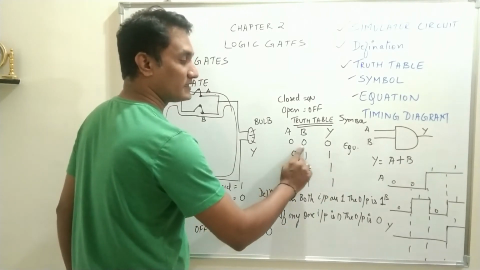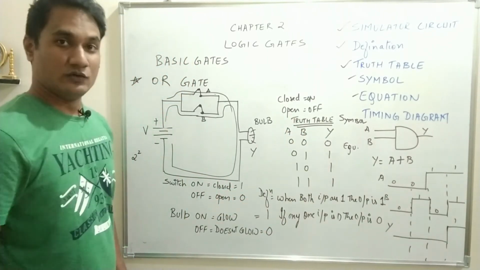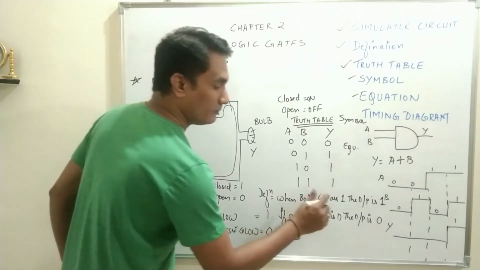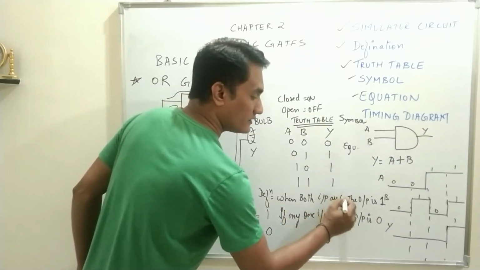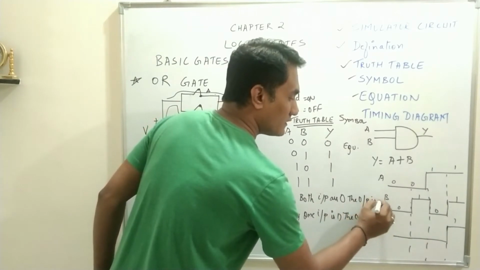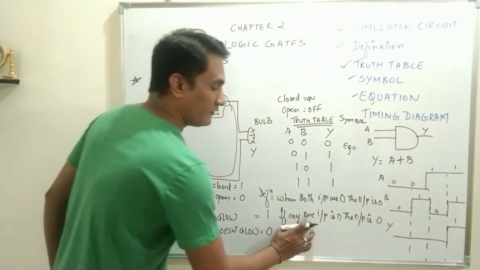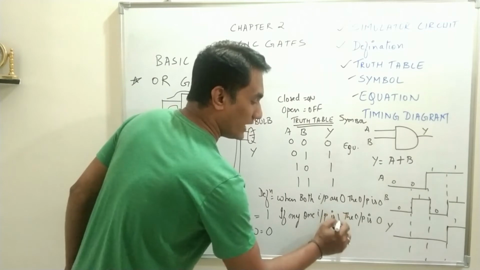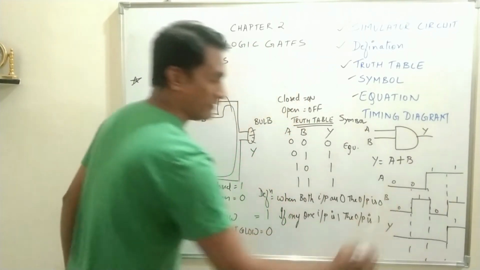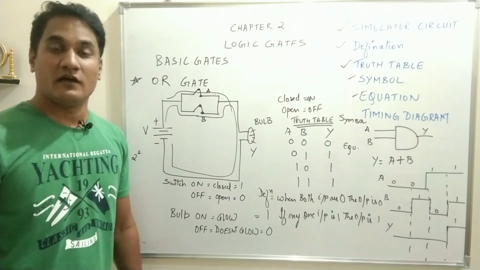When both the inputs are 0, the output will be 0. So accordingly we will modify the definition: when both the inputs are 0, the output is 0. If any one of the input is 1, the output is 1. This is the definition of OR gate.